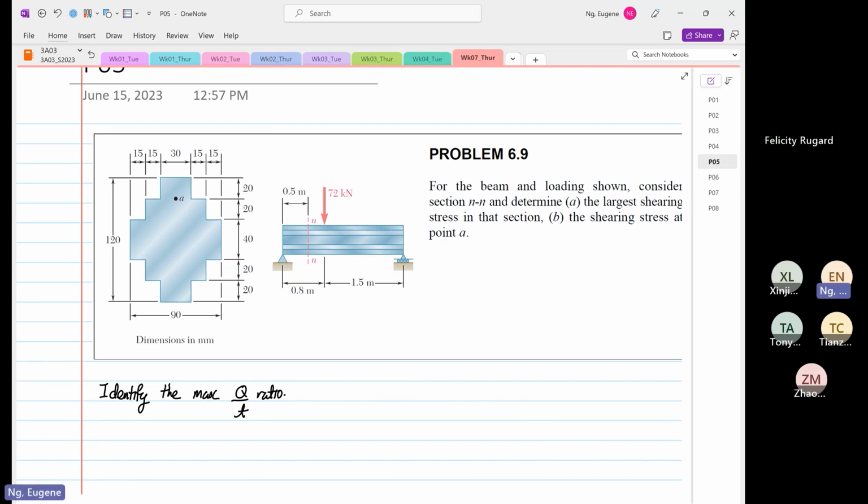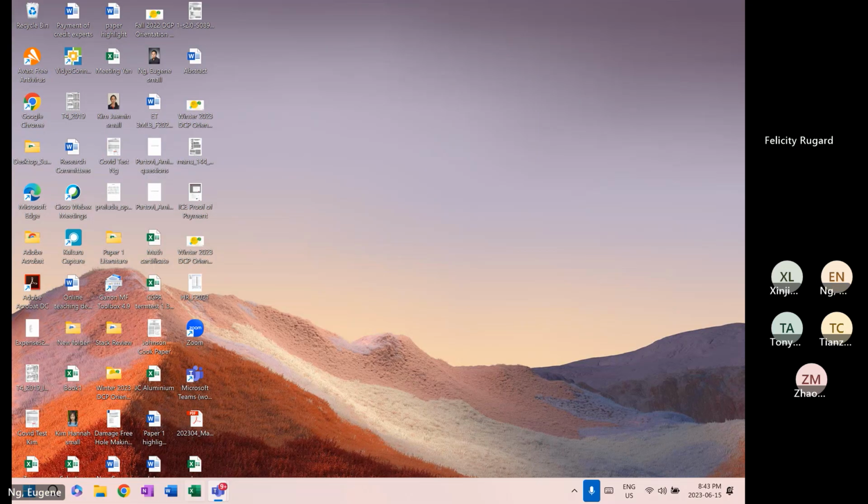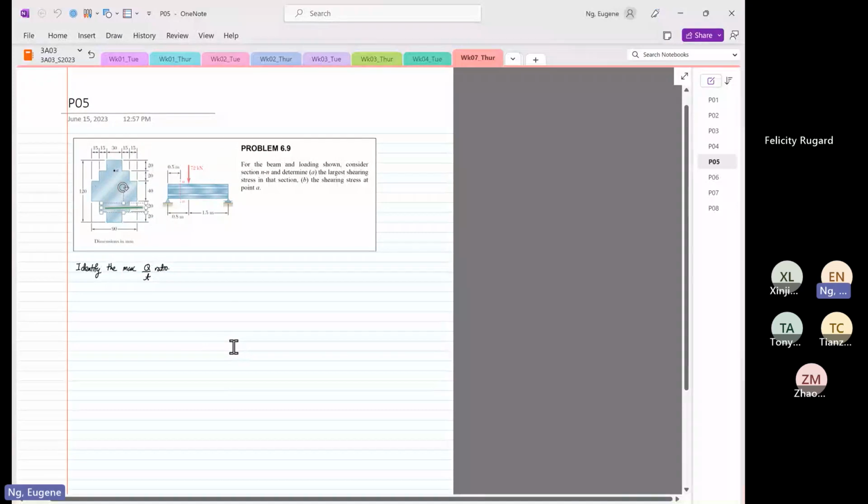You can see that the structure is small at the top, the thickness is so small. At the bottom, I'm going to sketch where my centroid is.